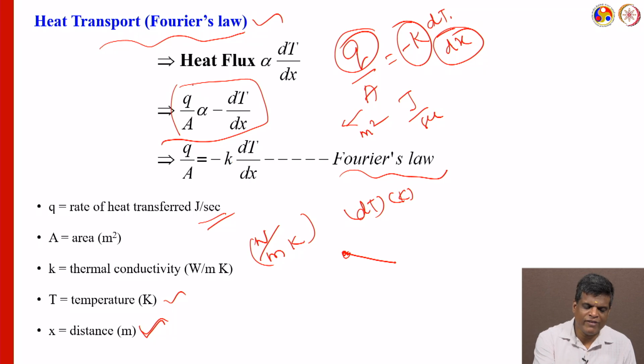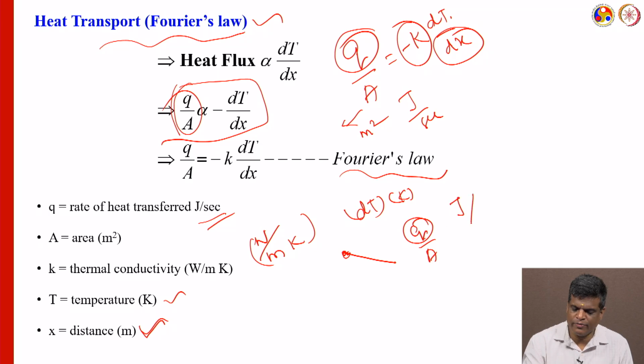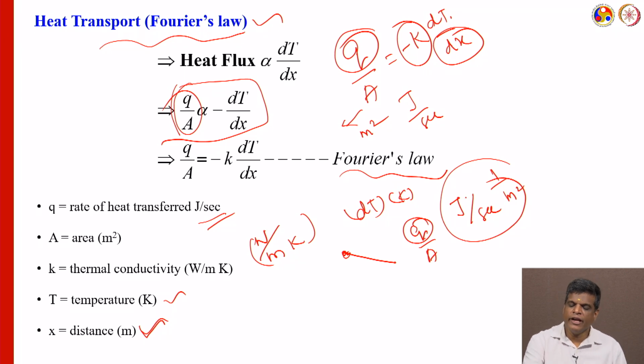Why heat flux here? Because Q by A: Q is joule per second, and the area is meter square, so 1 by meter square. Then we call it the heat flux. Any driving force with respect to unit area and unit time, we always call the flux. We already discussed the same thing for mass flux and momentum flux.